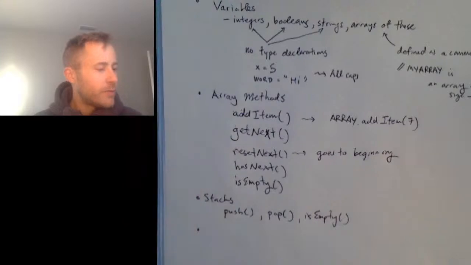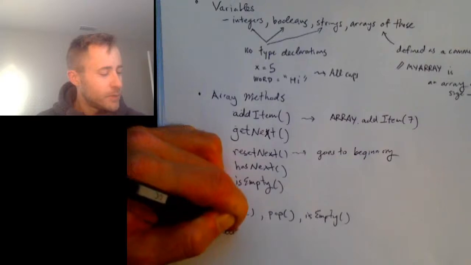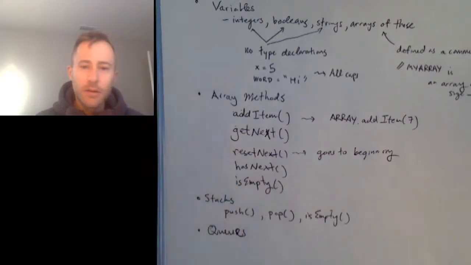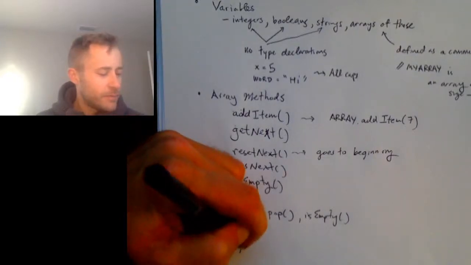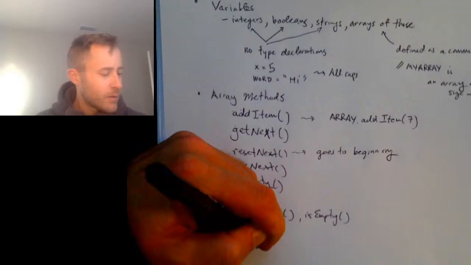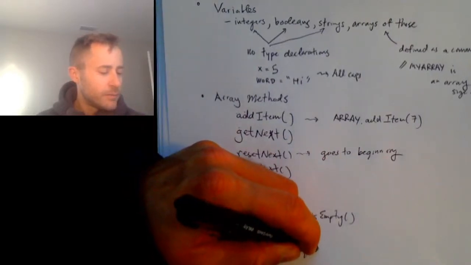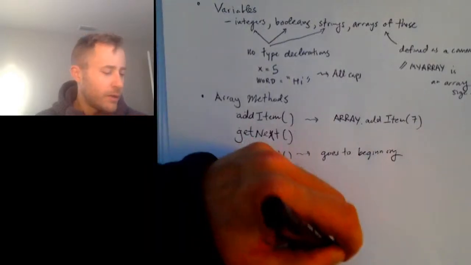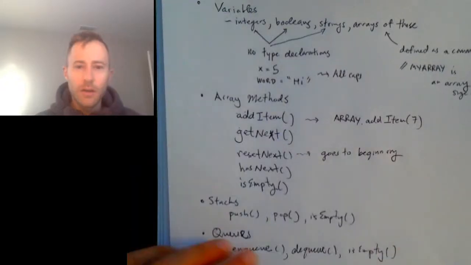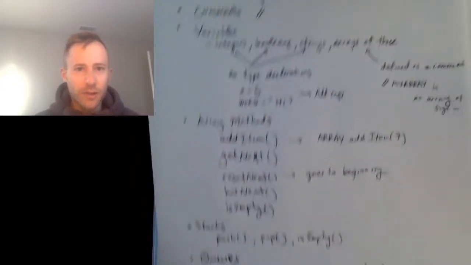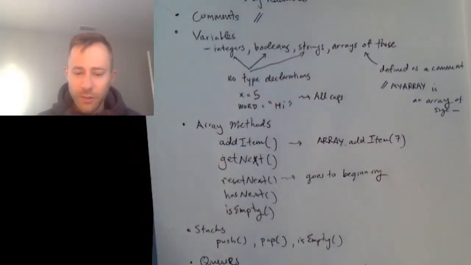You also have queues, which have some methods such as enqueue, dequeue, and is empty. I guess I should say you can have integers, booleans, strings, arrays, stacks, and queues. I should have said that.